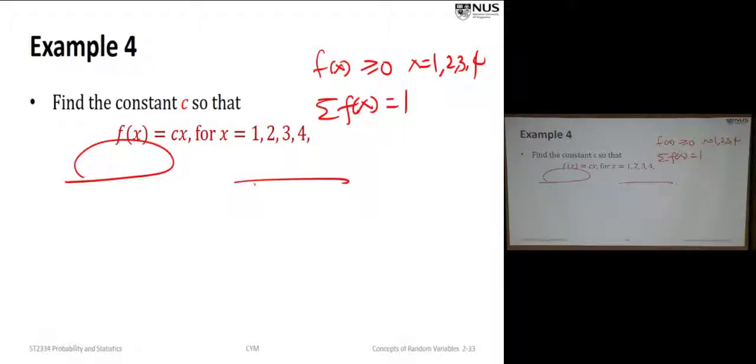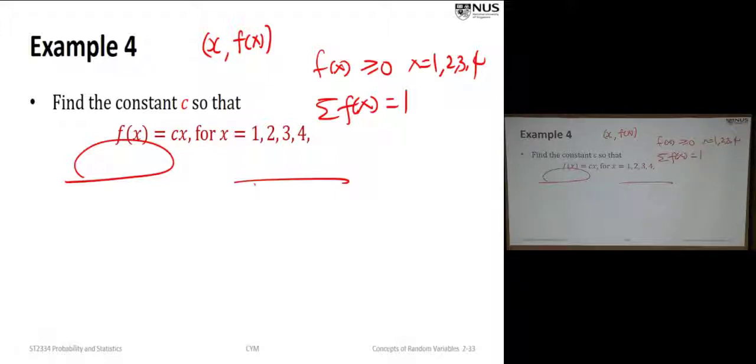So basically, you can consider a probability function as a collection of ordered pairs. One is the x value. The other one is the probability of the random variable taking that value.